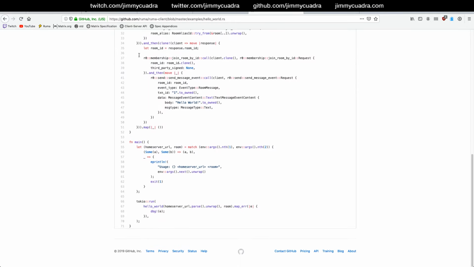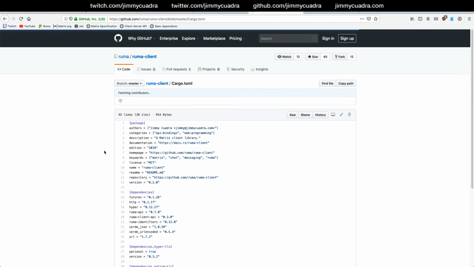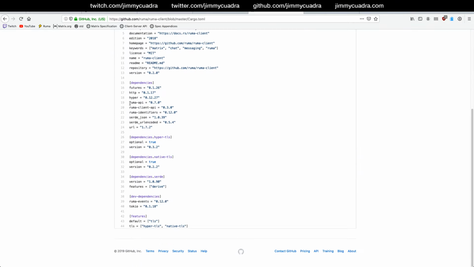So Ruma client itself is built on several other Ruma libraries. You can see here under the dependencies section, Ruma client itself depends on Ruma API, Ruma client API, and Ruma identifiers.